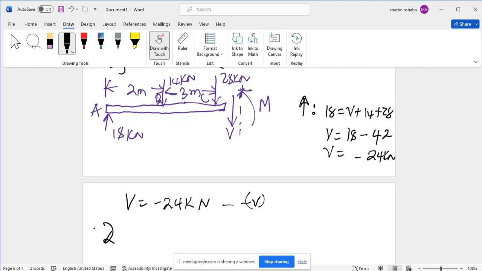Then I talk about moments, such that I develop an equation for bending moment on this segment that we are saying is CD. So what will happen there?